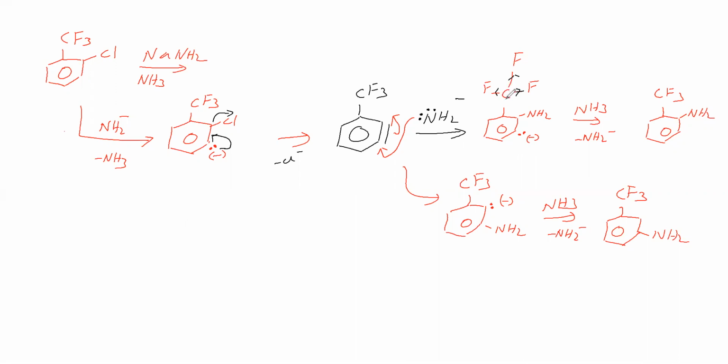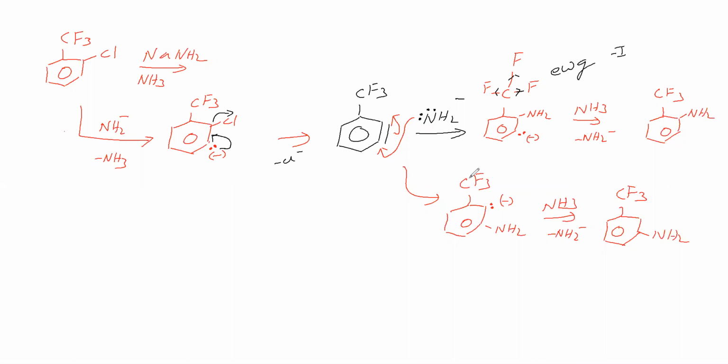Therefore this carbon becomes highly electron deficient, and CF3 acts as an electron withdrawing group, a minus I group. A minus I group will stabilize negative charge; a plus I group will stabilize positive charge. It withdraws the electron cloud, so the negative charge is stabilized.